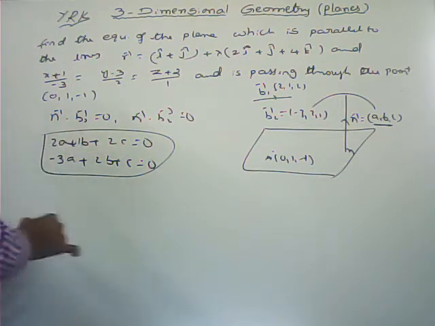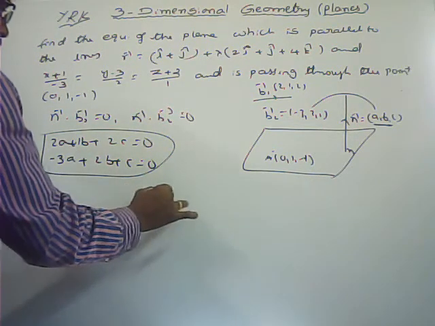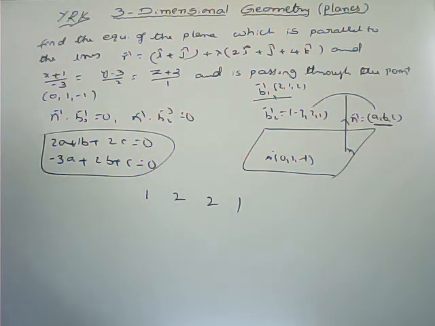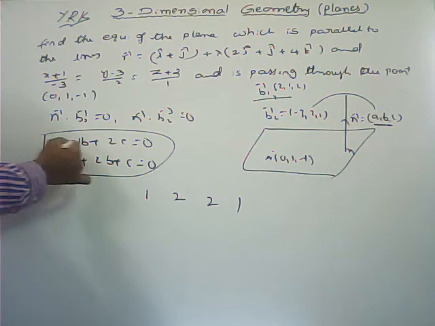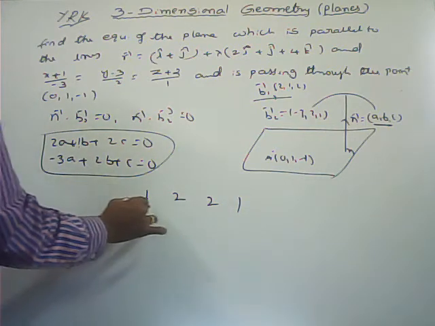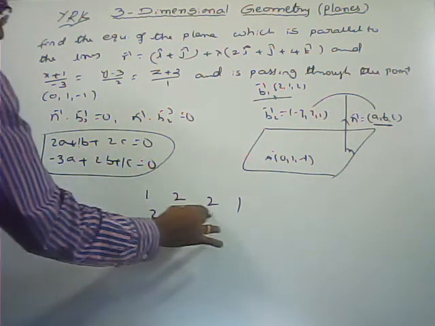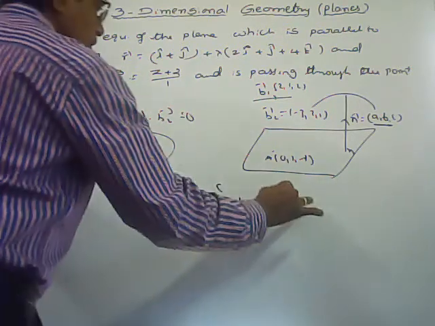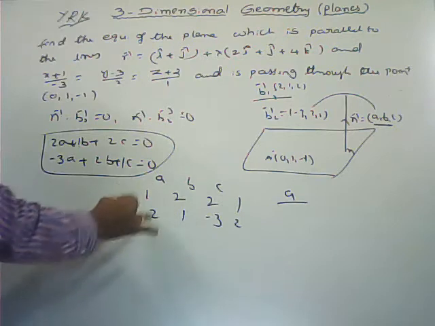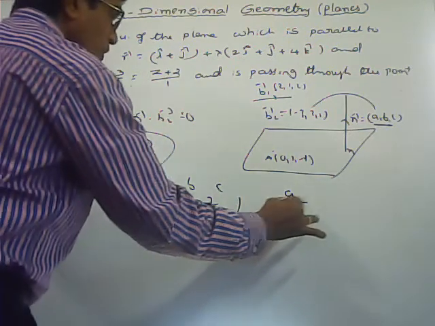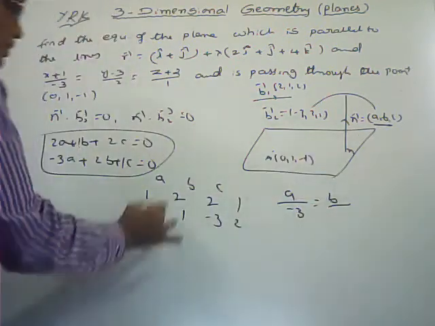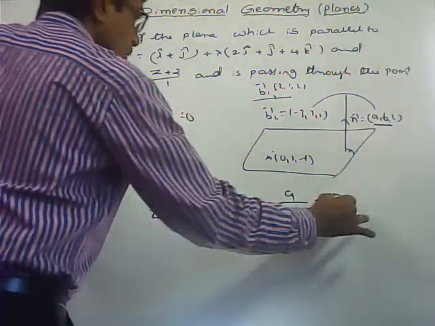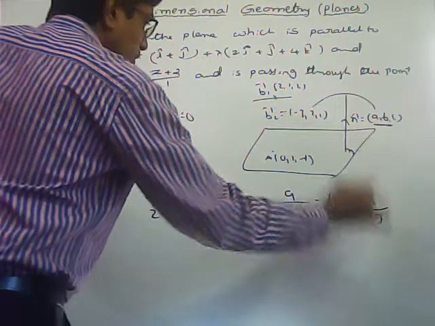First you can start with the B coefficient, 1, 2, 2, again end with the B coefficient only. Start with here 1, 2, 2, 1, and here 2, 1, minus 3, 2. This is A, B, C. A by product of these two minus product of these two, 1 minus 4 minus 3, that is equal to B by minus 6 minus 2 minus 8, that is equal to C by 4 plus 3, 7.